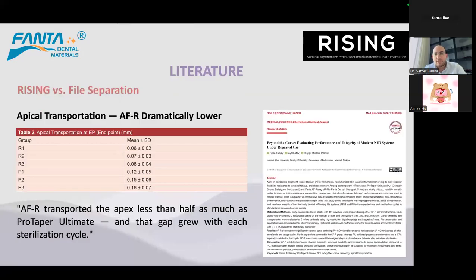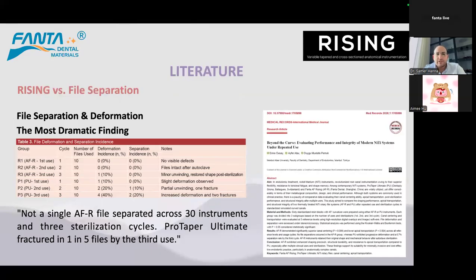Apical transportation: again, the Rising had a dramatically lower percentage of apical transportation, which gave it an edge. And for file separation and deformation, not a single file separated across the 30 instruments and 3 sterilization cycles that happened for the Rising.